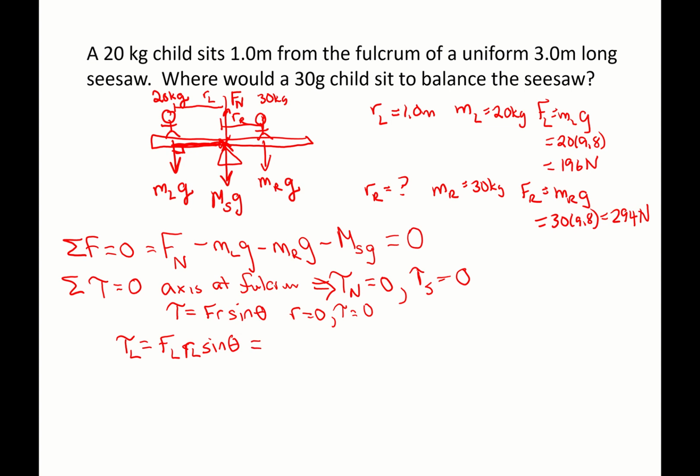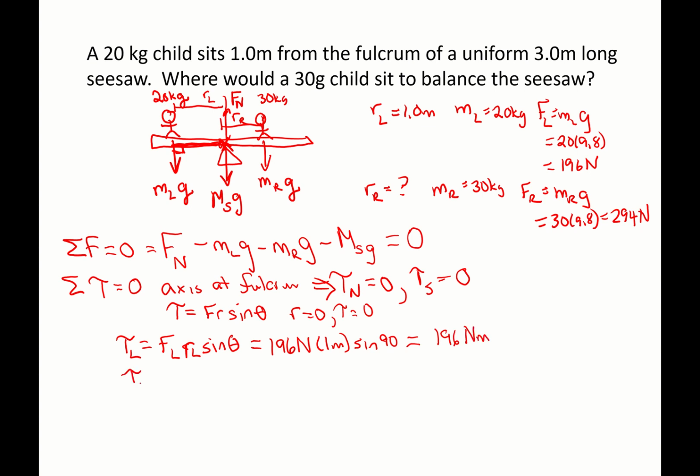Okay, so we've got our force, 196 newtons, times 1 meter, times the sine of 90. Sine of 90 is 1, so I could just ignore that. So 196 times 1 is 196 Newton meters.